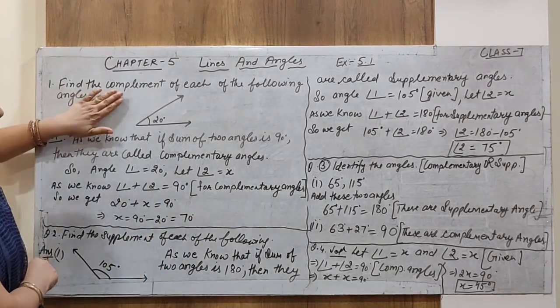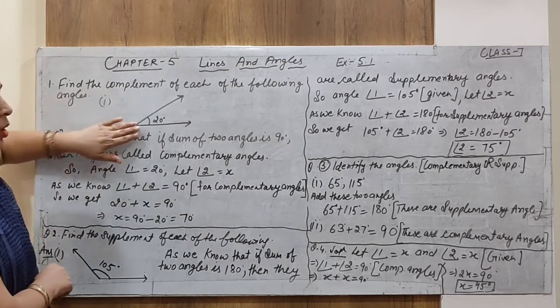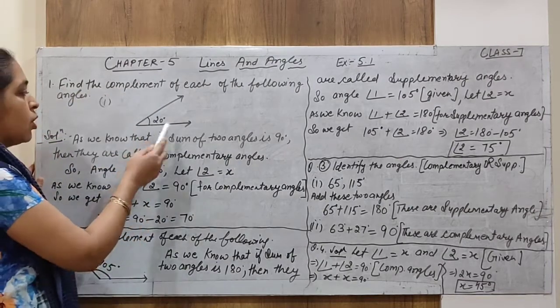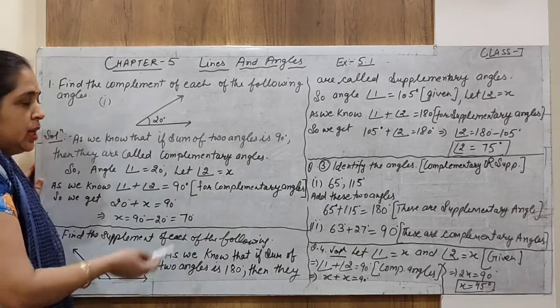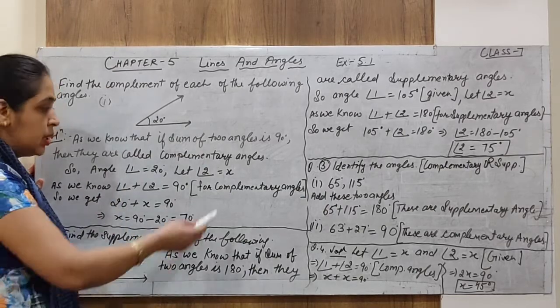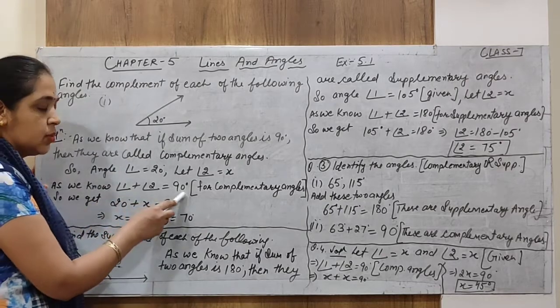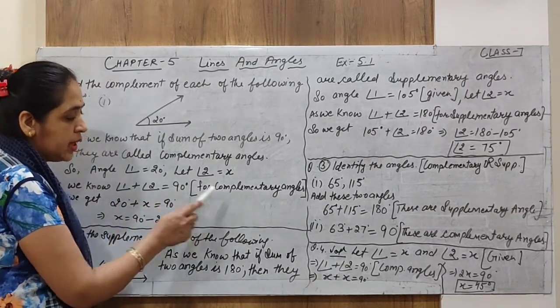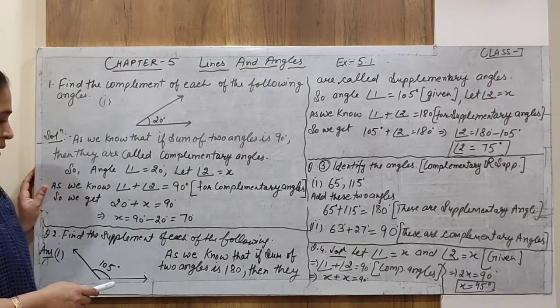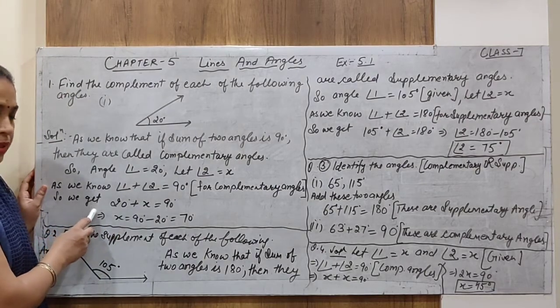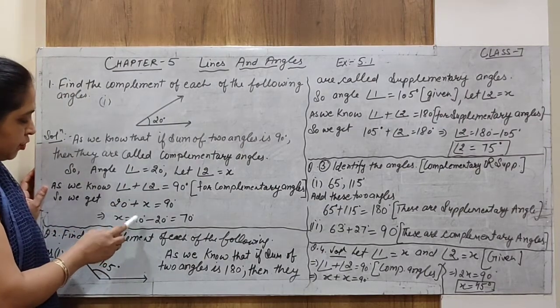It is given that we have to find the complementary angle of 20. So 20 is complementary to another one. The second angle we have to find out. Let us suppose the second angle is x. So their addition is equal to 90, but write down why their addition is equal to 90 degrees. Now we get an equation from this.